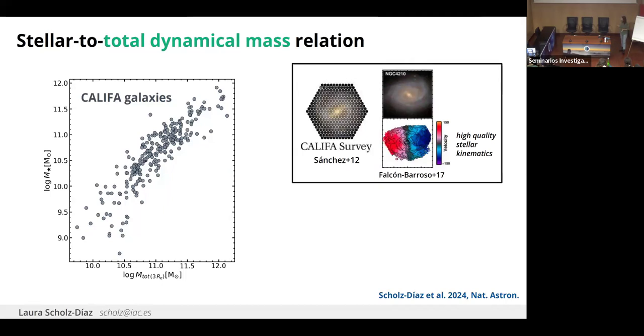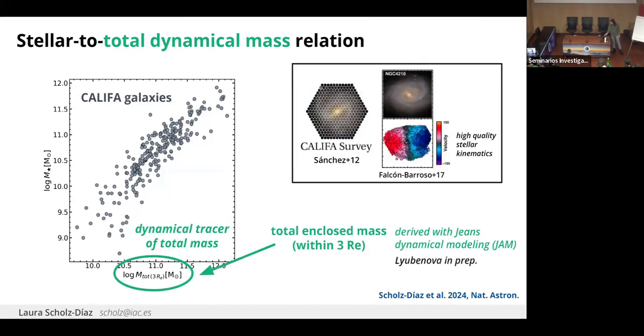And why are these high quality stellar kinematics interesting? Because they allow us to derive detailed Jeans dynamical modeling. What this dynamical modeling does basically is fit the stellar dynamics, assuming a dark matter potential. So they allow us to derive the total masses enclosed within a given aperture.